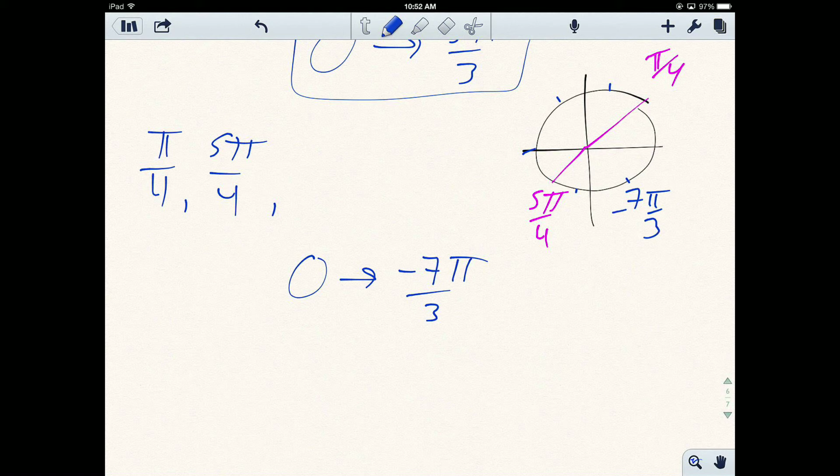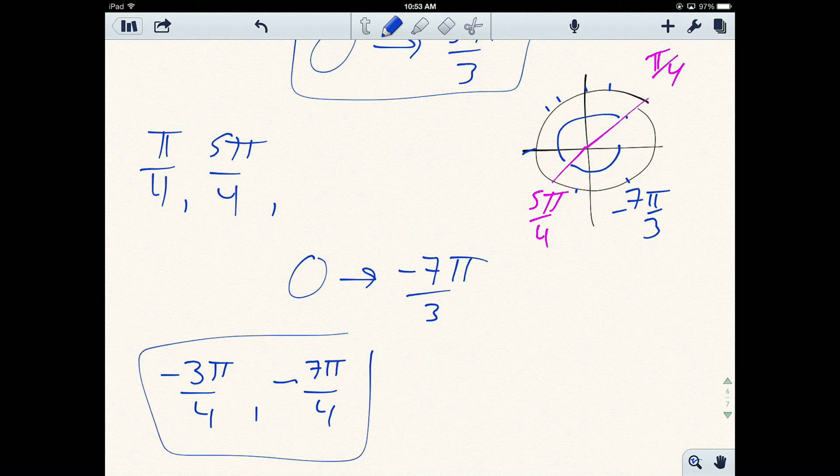Okay, so let's find out where we run into things. So here is negative 1, 2, 3, negative 3 pi fourths. Then keep going. So this would be negative 3, 4, 5, 6, 7, and negative 7 pi fourths.